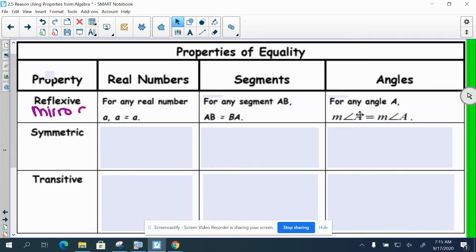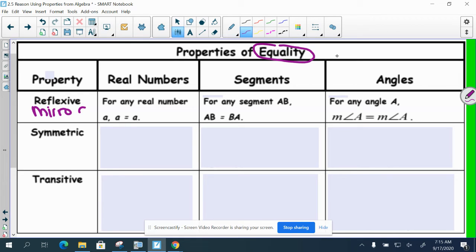So that's all the reflexive property states, that it doesn't matter which side they're on if they're the same thing. Or for segments, you can rearrange the order. Notice this is all about the properties of equality, so notice there are equal signs in between everything.